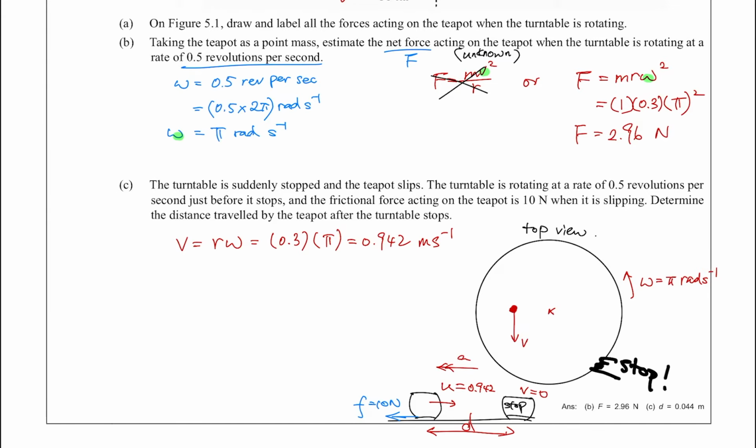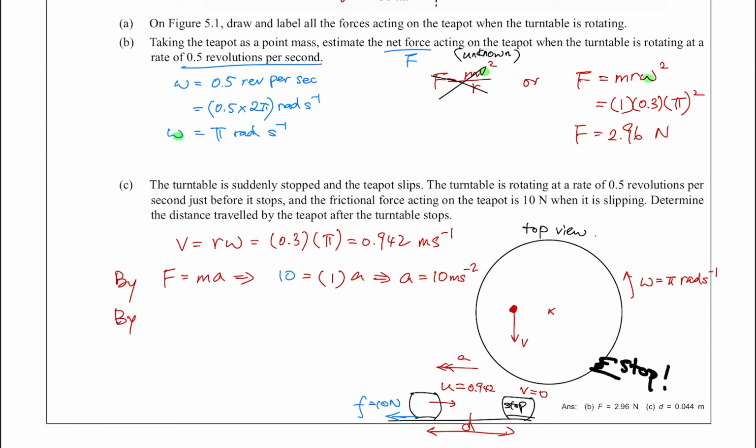So first of all, in this decelerating motion, I would like to find the acceleration first. So by F equals ma, we know that the force acting on the teapot is 10 Newton. Mass of the teapot is 1. So the acceleration is equal to 10 meter per second square.